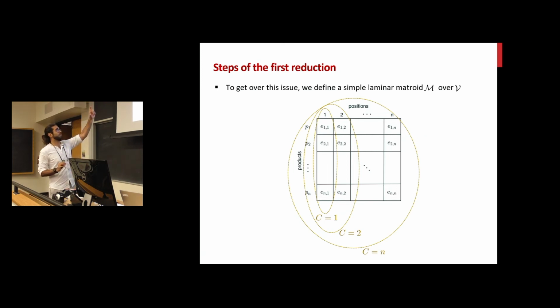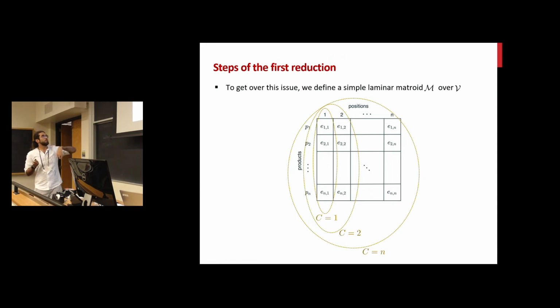So I'm going to have a bucket for each number i from 1 to n. Bucket i is essentially the first i positions. I'm going to put a capacity i on that bucket. And I define a matroid which says you're going to pick some set in this figure such that from the first i positions, you are not going to pick more than i elements.